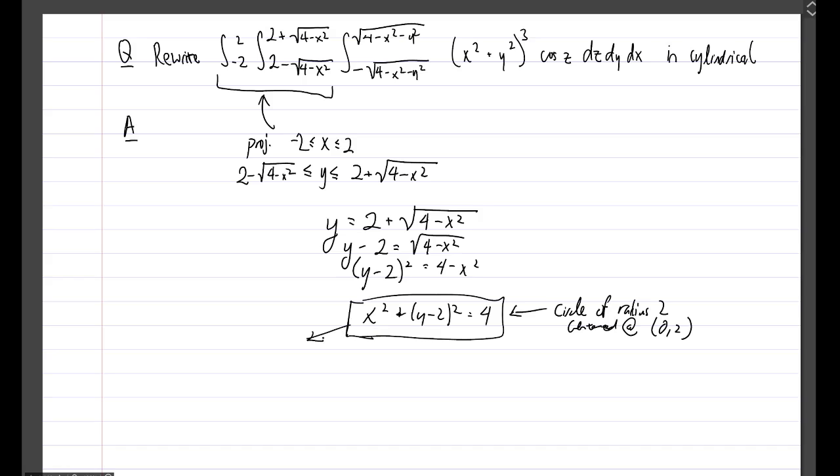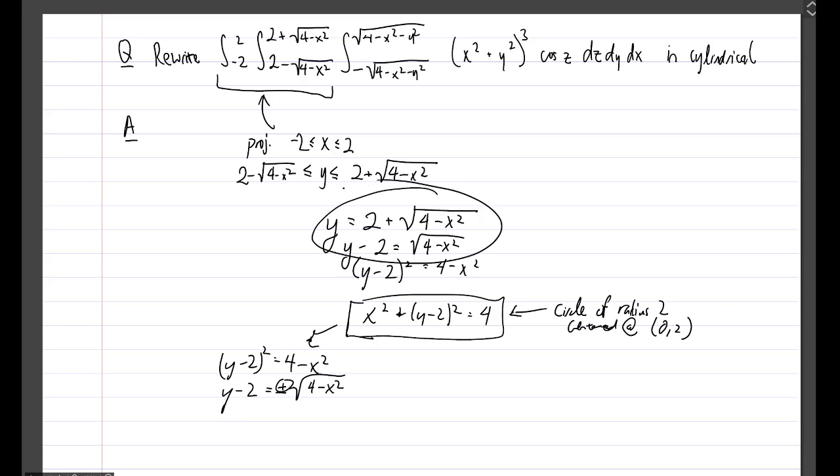Now it turns out to be really nice that if you take the same equation and now solve for y, we'd be essentially reversing all our steps. We just have to be careful. Let's just show the work here. Let's solve for y. So we'll have, y minus 2 quantity squared is equal to 4 minus x squared. And then if we square root both sides, we'll have y minus 2 equals plus or minus root 4 minus x squared. Now the plus case we've actually just seen all the work for.